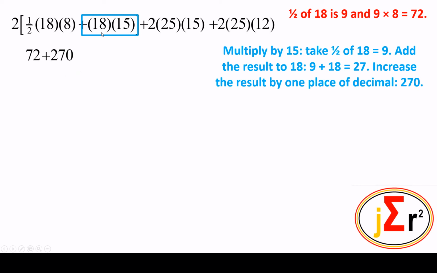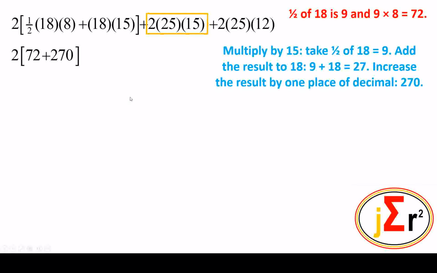18 times 1.5, add half of 18 to 18. Half of 18 is 9. 9 plus 18, 27. Recover the reduced decimal place by multiplying by 10, or increasing by one place of decimal. We have 270. Of course, that is multiplied by 2, no doubt.